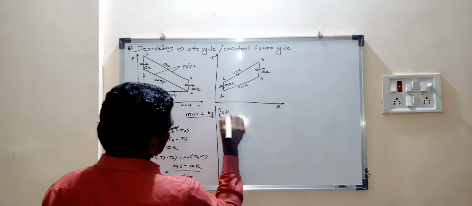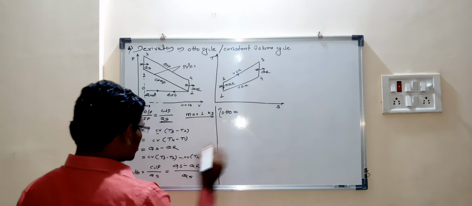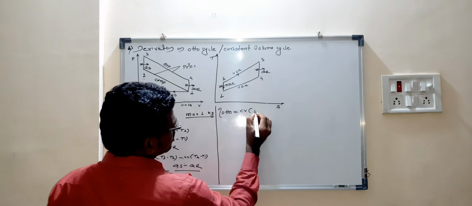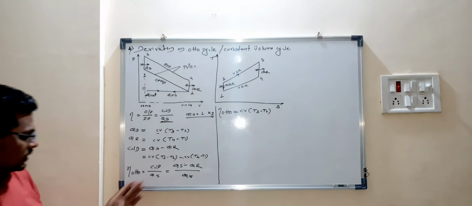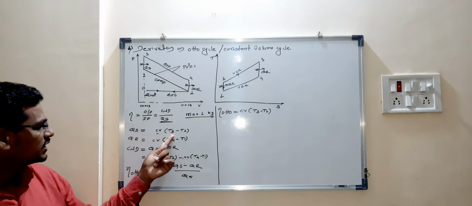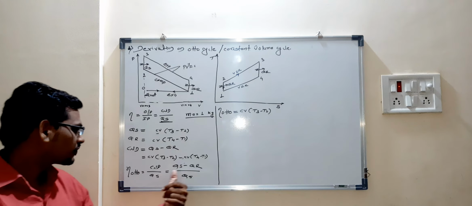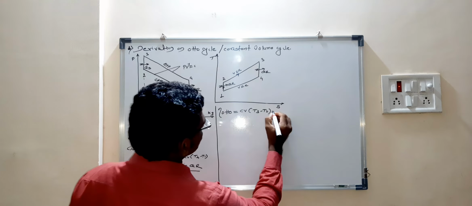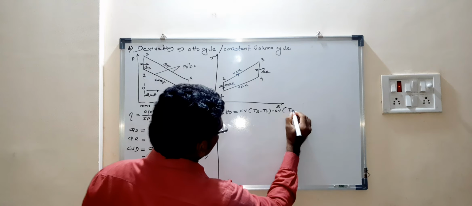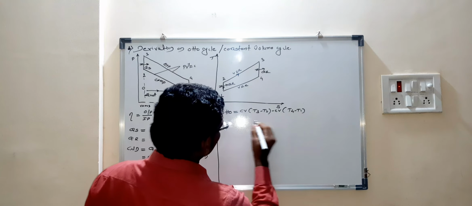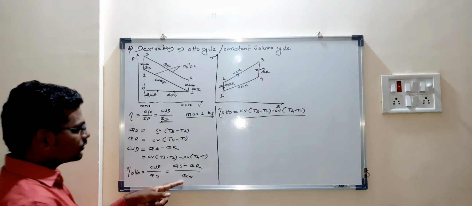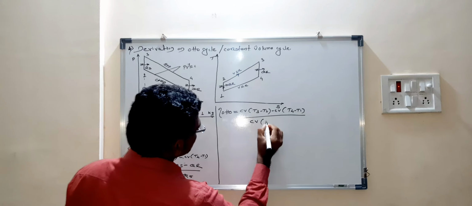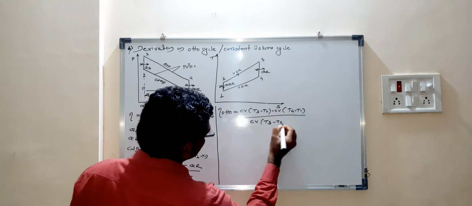So efficiency of the Otto cycle is equal to, with QS equal to Cv (T3 minus T2), and similarly QR equal to Cv (T4 minus T1), divided by the value of QS, which is Cv (T3 minus T2).